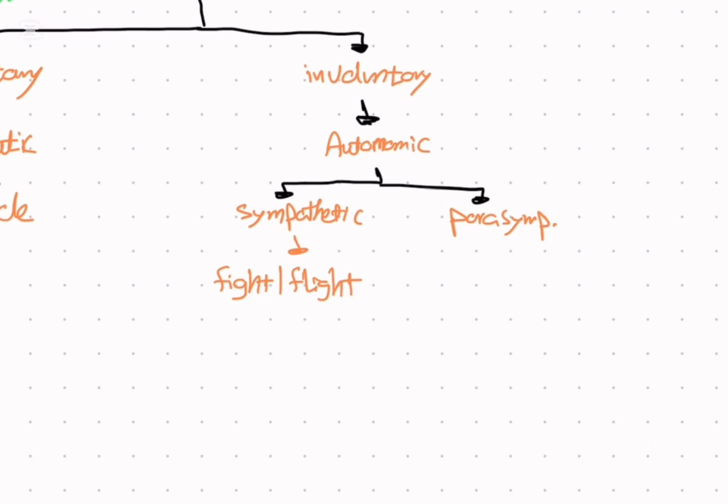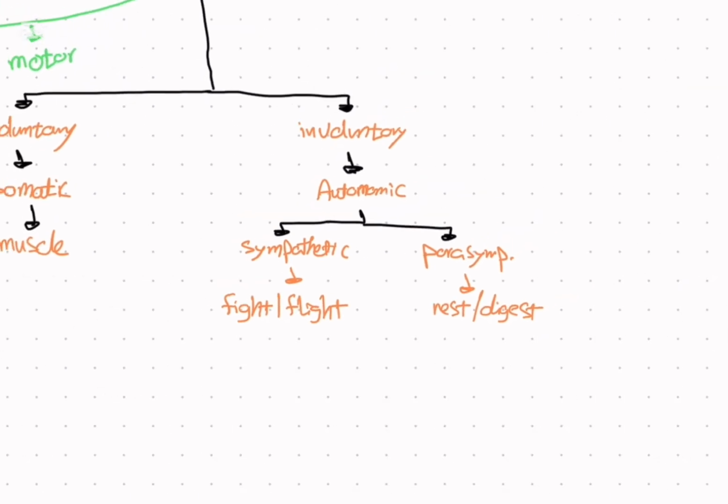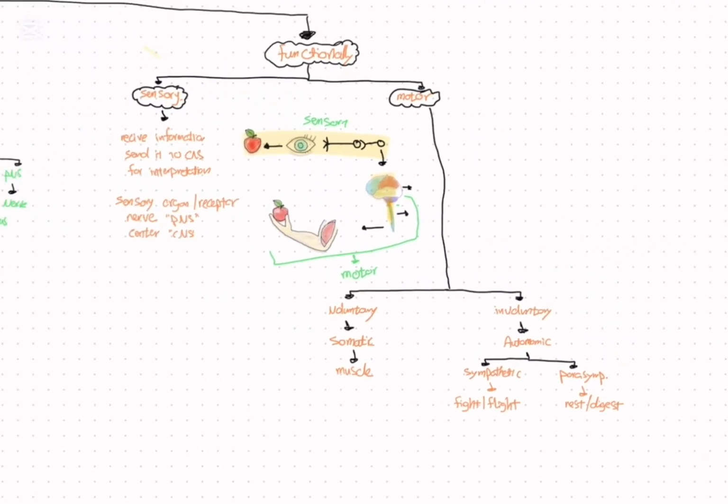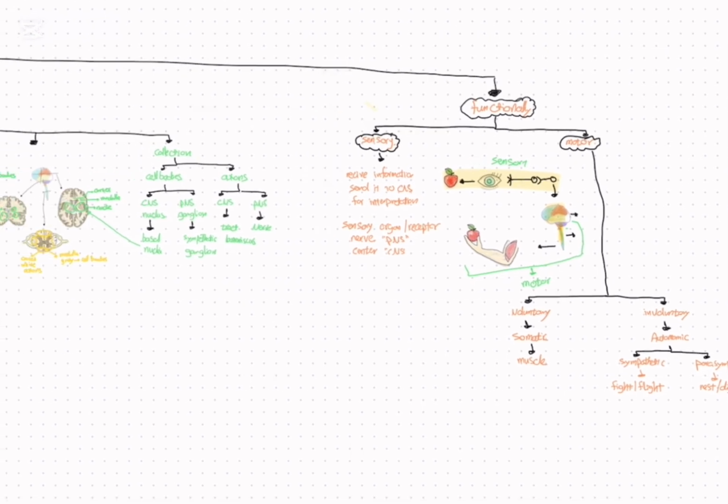It will also decrease because you don't need too much oxygen. What will happen to the blood supply? It will go to the digestive organs instead of the muscles. So this is in total called the parasympathetic or rest and digest system. We will discuss that in more detail in the following videos. And by this we end our video about the general organization of the nervous system.